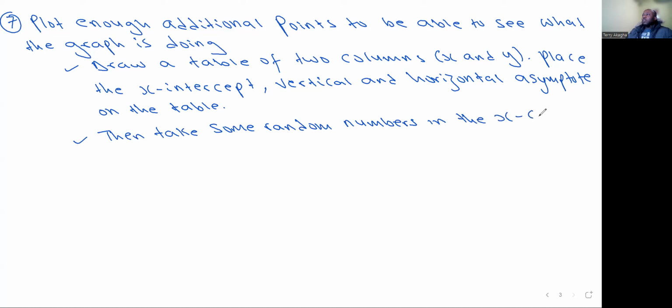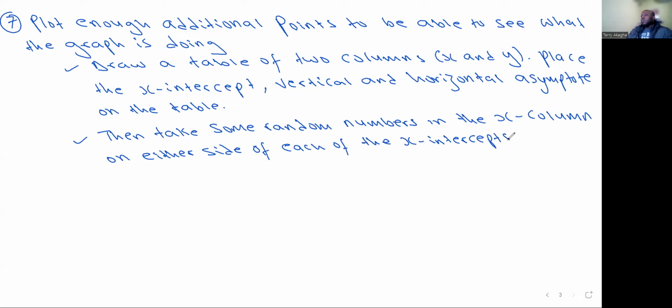Don't worry, I'm going to pick an example, and we'll solve it together. And I'll do the same thing for the Y-intercepts and vertical asymptotes.